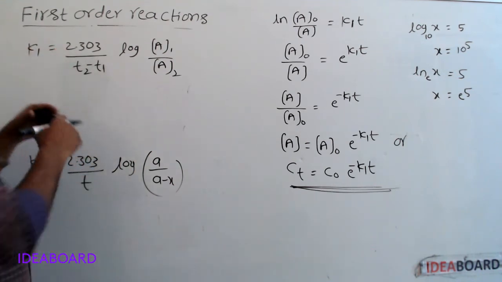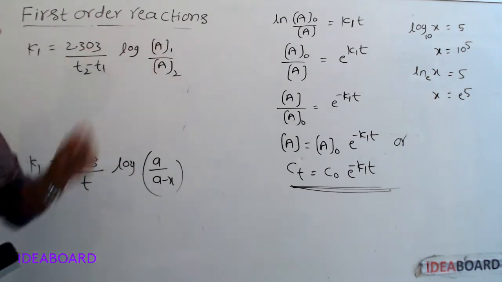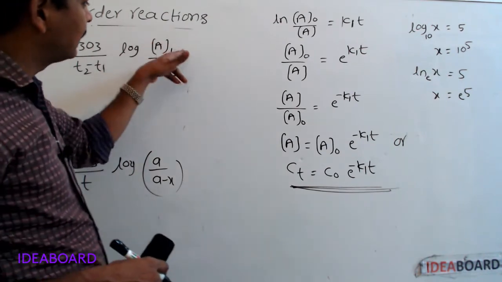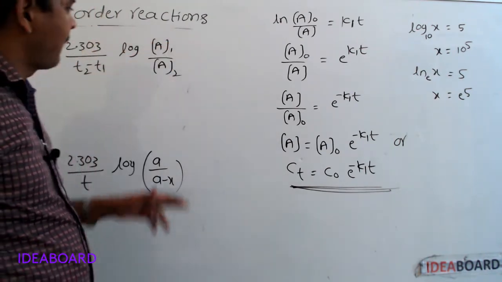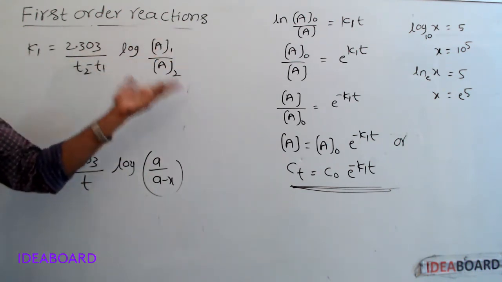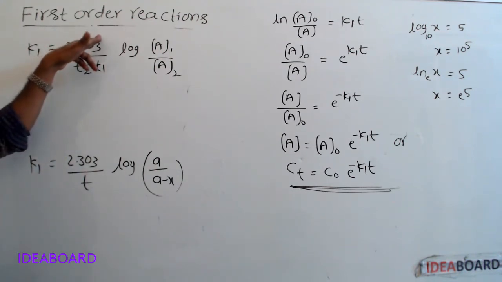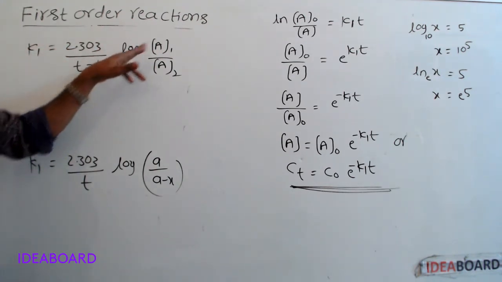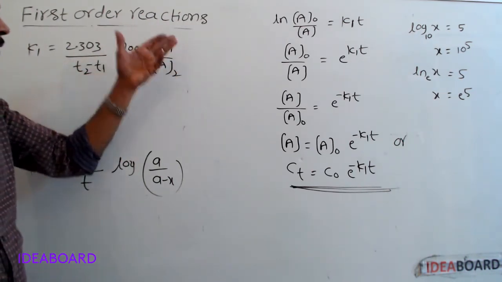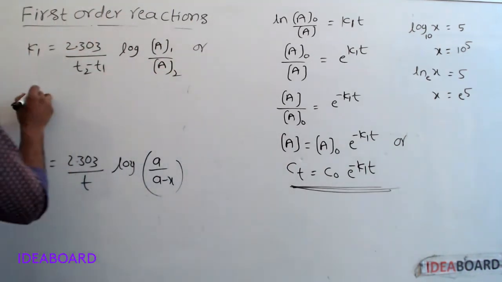Here A1 is the concentration of the reactant at time T1, and A2 is the concentration of the reactant at time T2. So k1 is equal to 2.303 by T2 minus T1 into log of A1 by A2, the concentration of the reactant at time T1 divided by the concentration of the reactant at time T2.